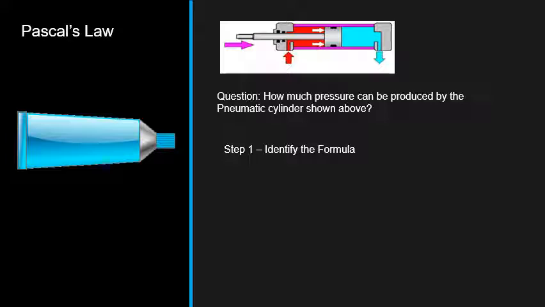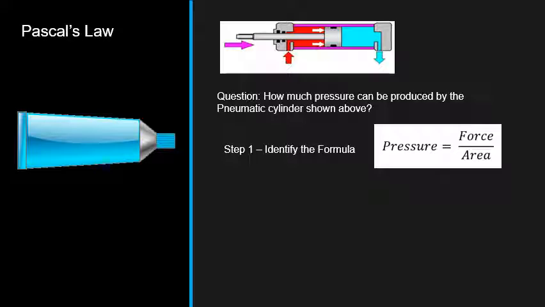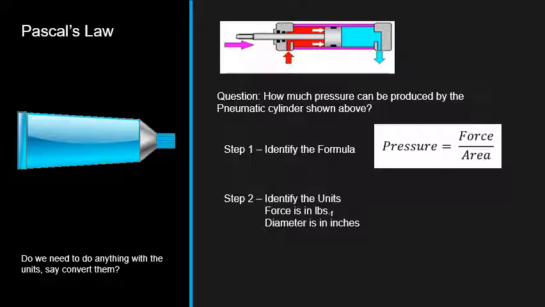We're going to use the formula for Pascal's law, which is pressure is equal to force divided by area. And step two, we'll identify the units. Our force is in pounds and our diameter is in inches. A good idea right at this point is to take a quick look and see if we need to convert anything, and we're good. These are the units that we want to be using.